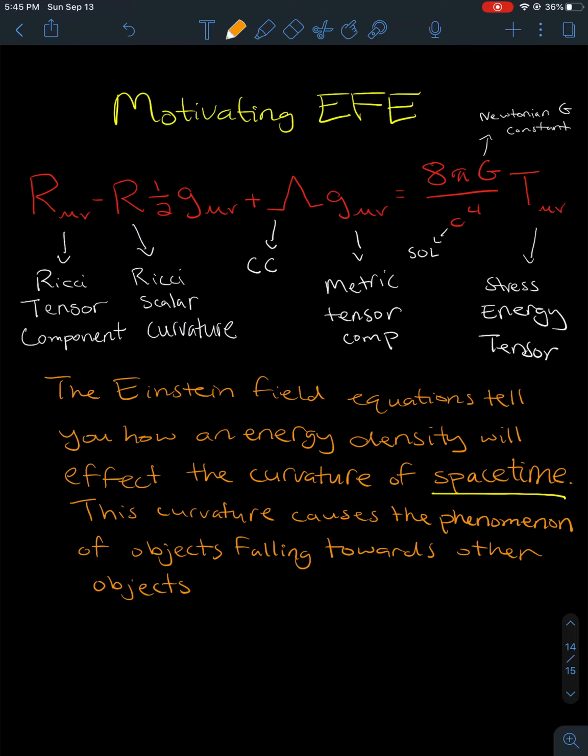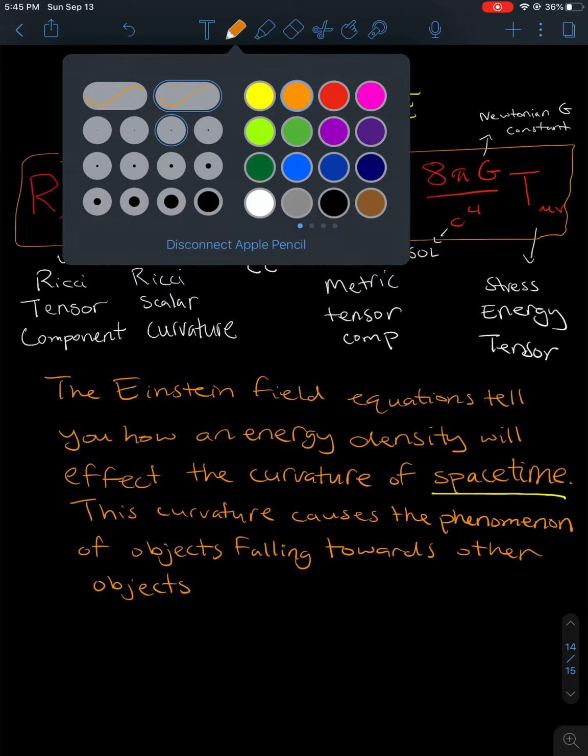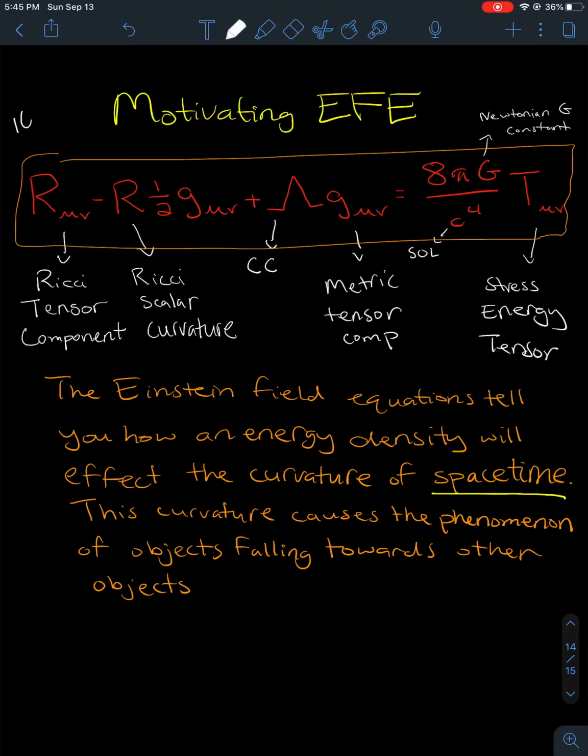Now, these equations with an S are called the Einstein field equations. The reason why I say equations with an S is because these are really 16 sets of equations, just compacted into one. Because these symbols over here, these mu's and nu's, are just indices.